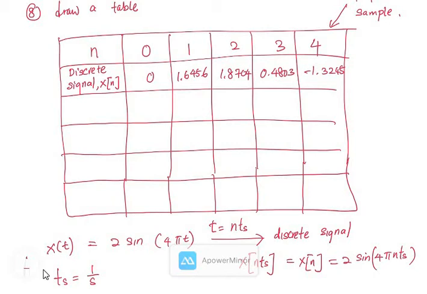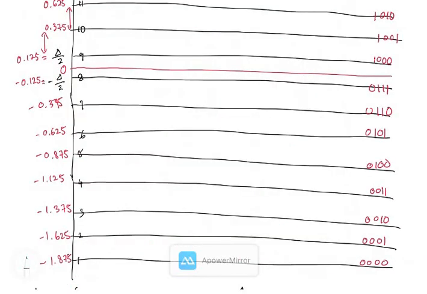Next, I want to do the quantized signal xq[n], for rounding first. So for rounding, let's move to the level here. The first one is n equals 0. When n equals 0, you have the value of 0.